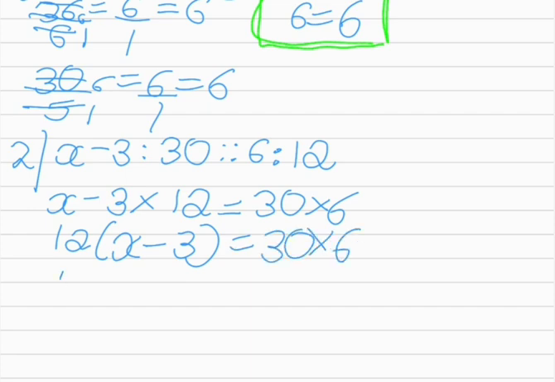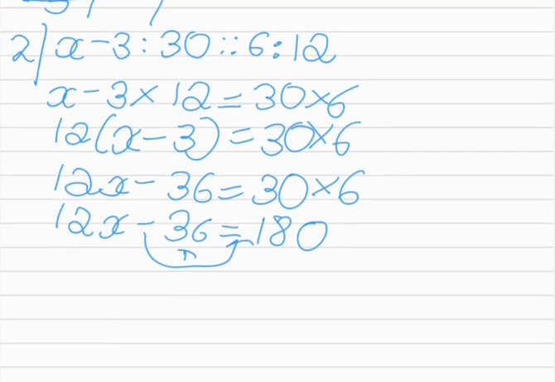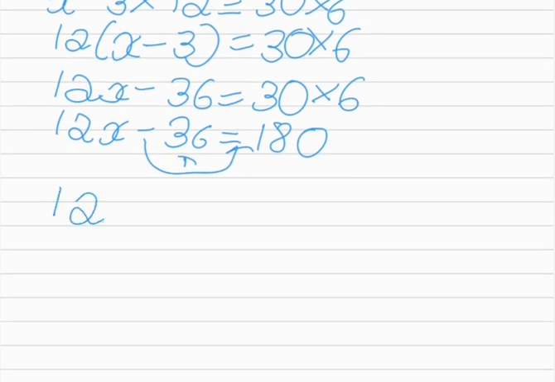So 12 into x is equal to 12x, 12 3s are 36, minus 36 is equal to 30 into 6. And you can do 30 into 6, which is equal to 180. So 12x minus 36 is equal to 180. So you will add this to the other side. So 12x is equal to 180 plus 36.